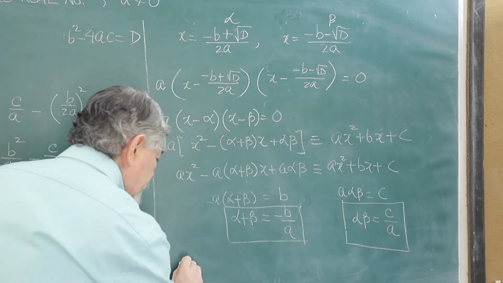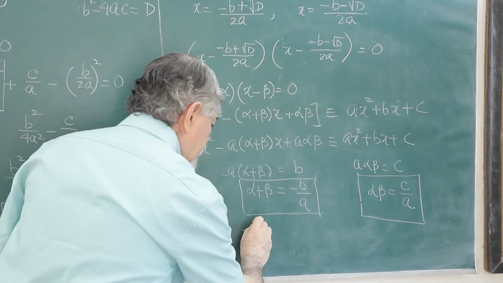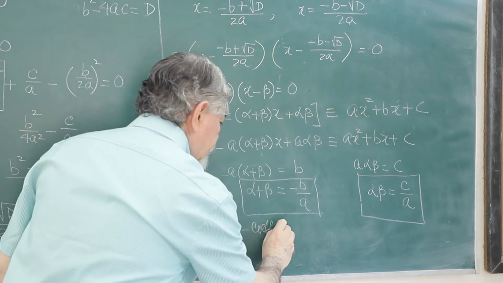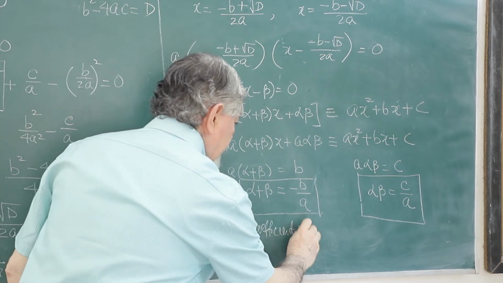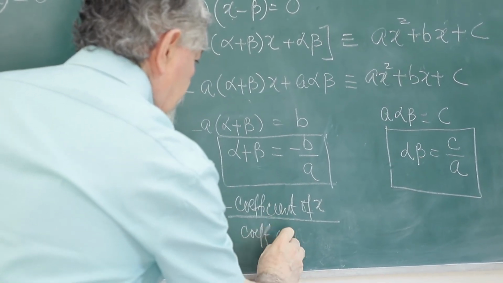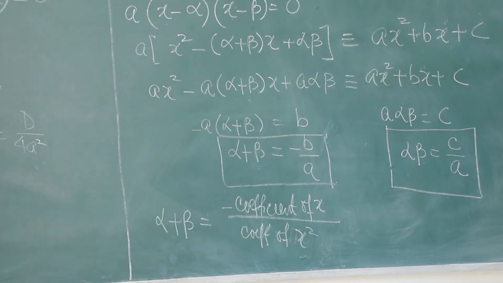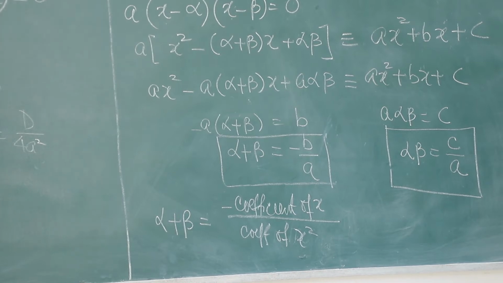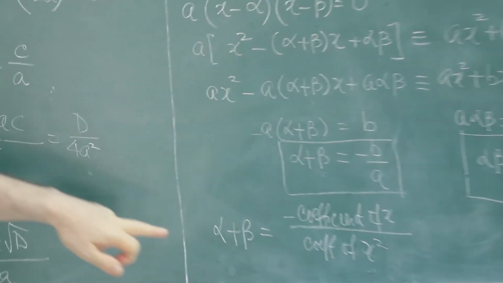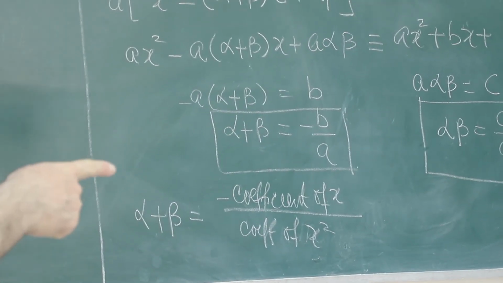Now alpha plus beta, that is minus b, means coefficient of x upon coefficient of x squared. Now look at the first equation, ax squared plus bx plus c. What is b? b is the coefficient of x. So minus coefficient of x upon coefficient of x squared.